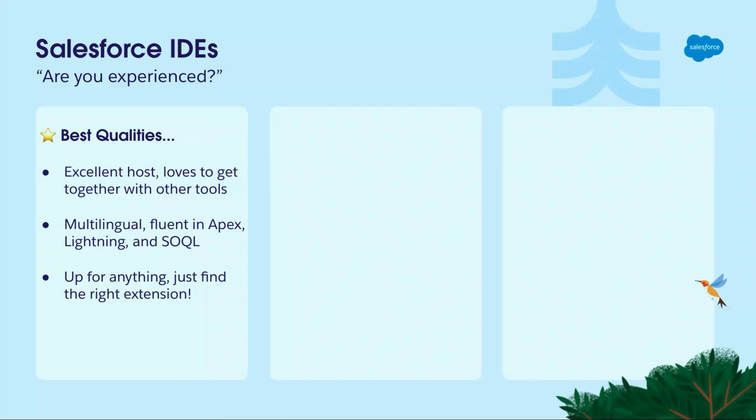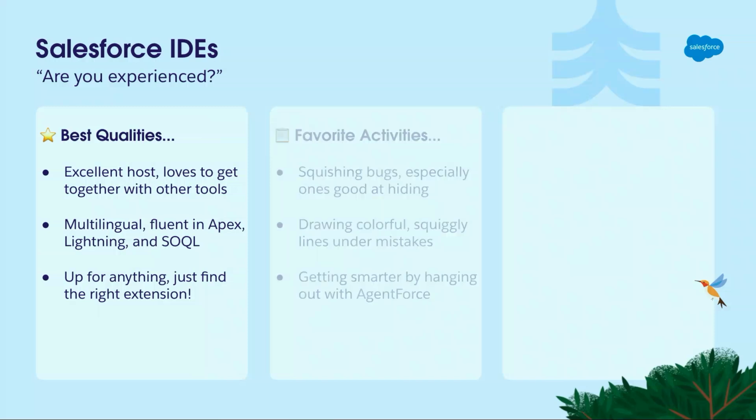And it's up for anything, you just have to find the right extension. Our IDEs are extensible, so in the VS Code IDE, our Salesforce extensions themselves are extensions. If you want to add to the IDE and change its behavior, you can use your own extensions or install them from the marketplace. Same thing with Code Builder.